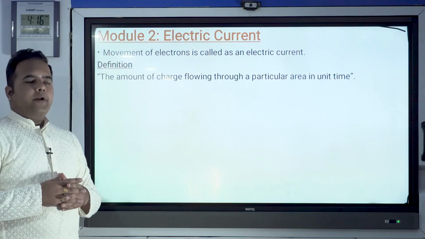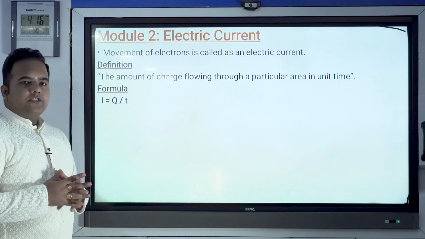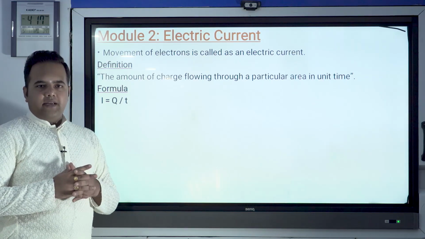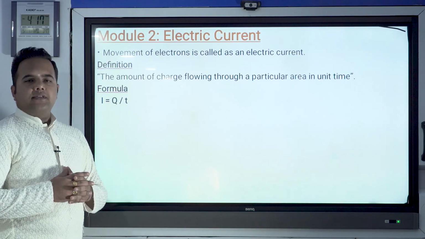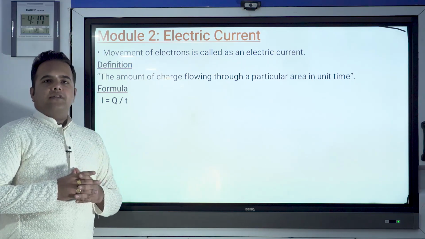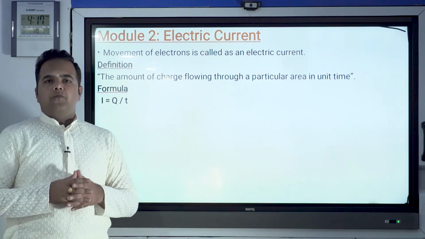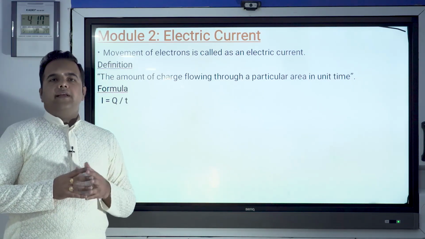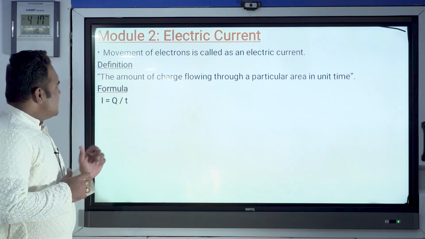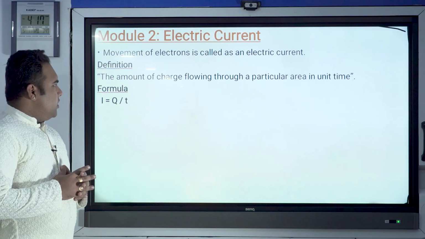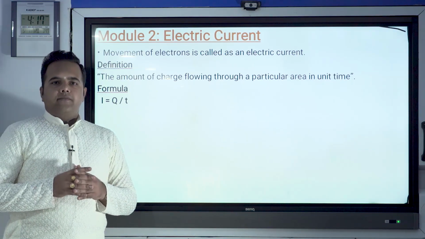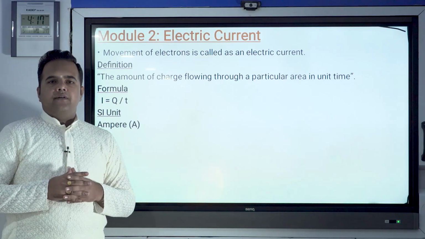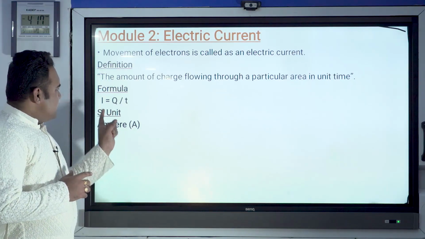In equation form, it is capital I equal to capital Q by T. Capital I denotes the electric current, capital Q denotes the total charge that is moving, the total number of electrons that are moving, and small t denotes the time. So we express I = Q/t. What is the SI unit of current? We state it as ampere. So ampere is the SI unit of current.